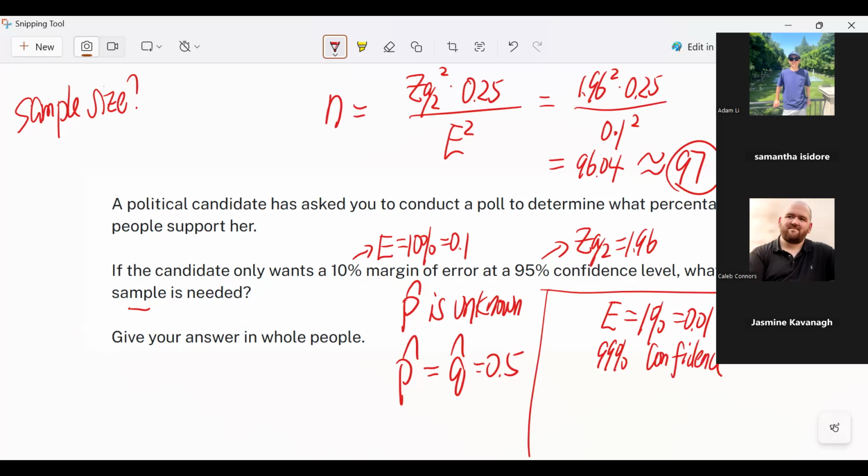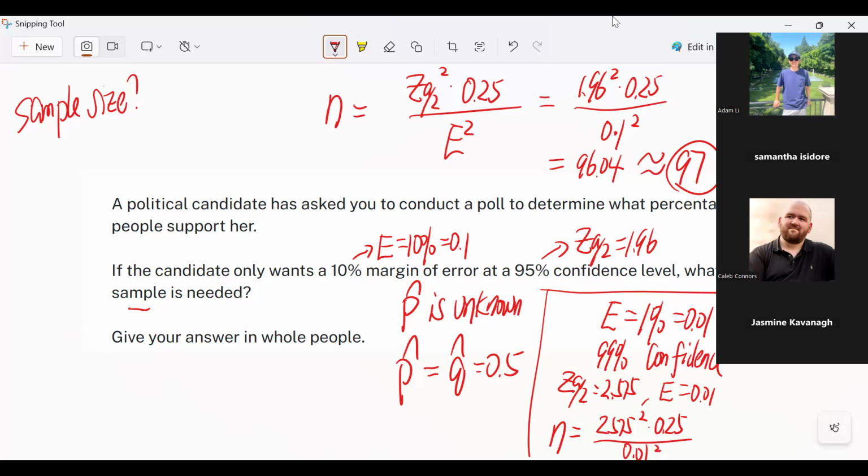Now the sample size will be much bigger, right? So if you look at it, critical z-score now is 2.575, and the margin error is 0.01. So the sample size is going to be 2.575 squared, 0.25 over 0.01 squared.